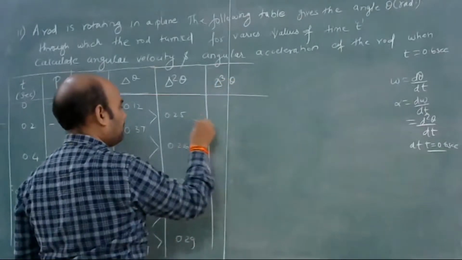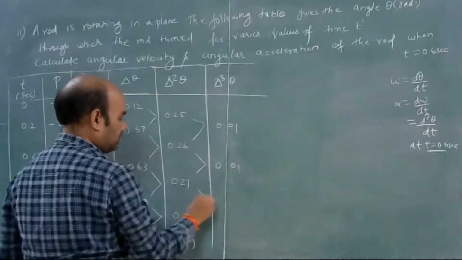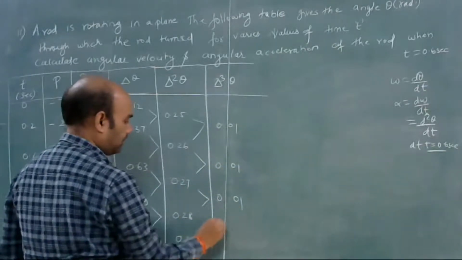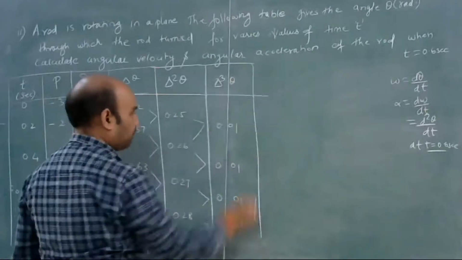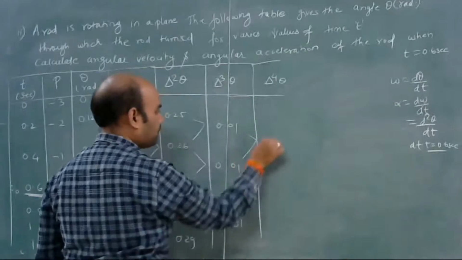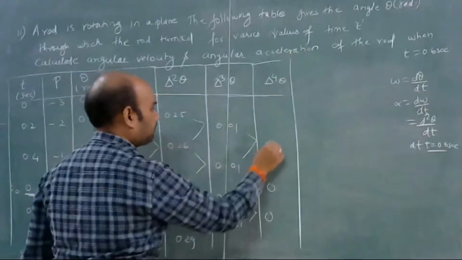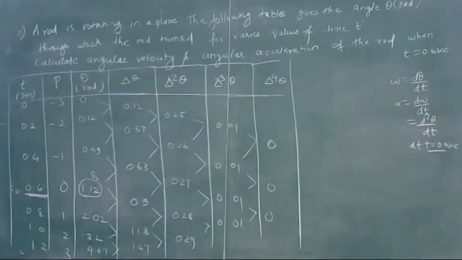So this will be difference of these two is 0.01. Difference of these two is 0.01, 0.01, and 0.01. Obviously, the fourth difference will be 0. Difference of these two is 0. This is 0, and this is 0. So this is our difference table. Okay. So now we will write the formula.